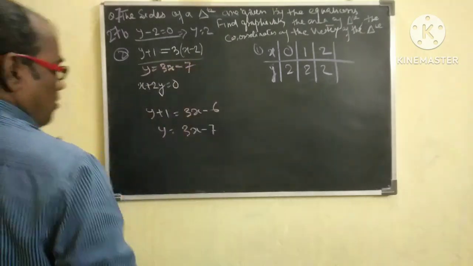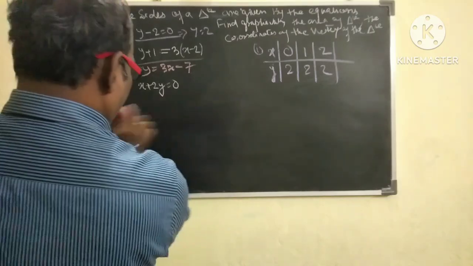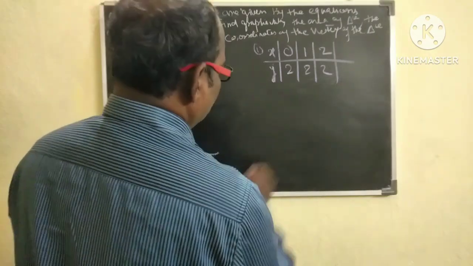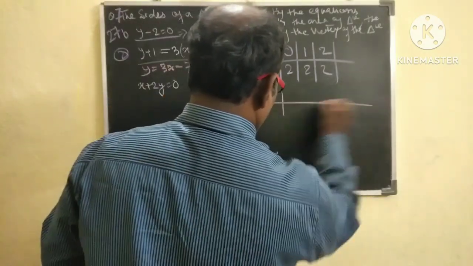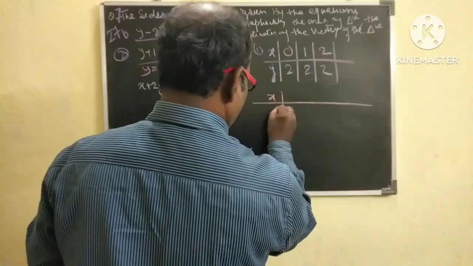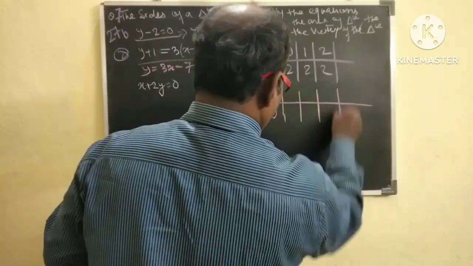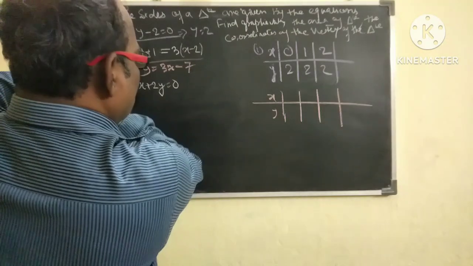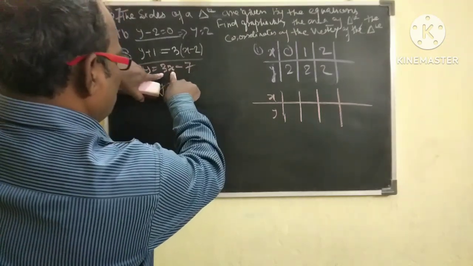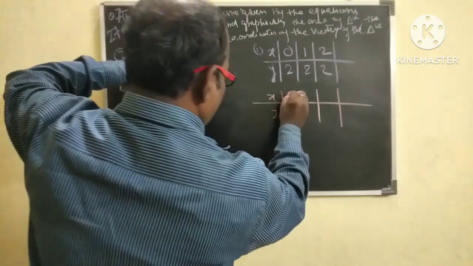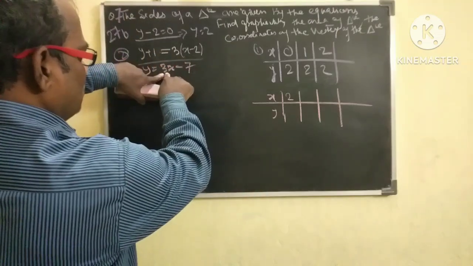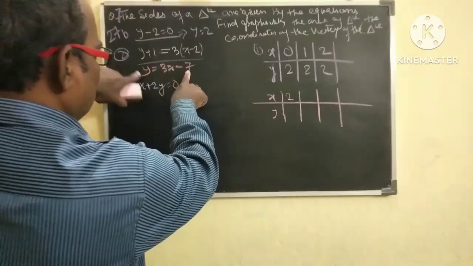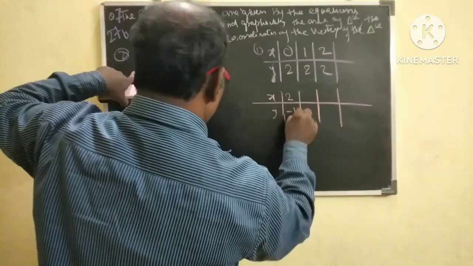Now plotting with this equation, first let us put x equals 2. Since x equals 2, 3 times 2 is 6, 6 minus 7 is minus 1. So y equals minus 1.